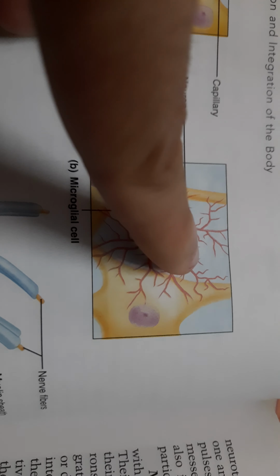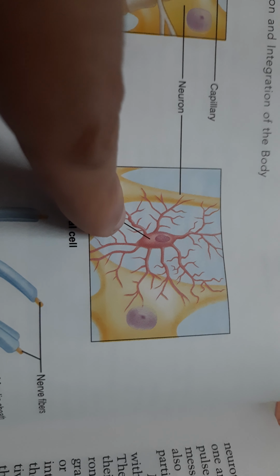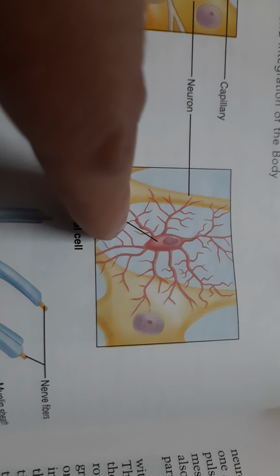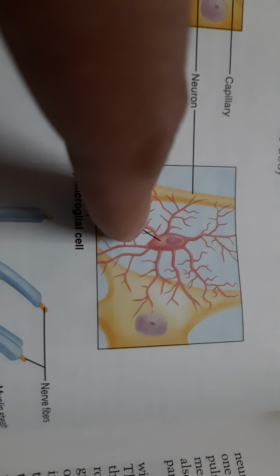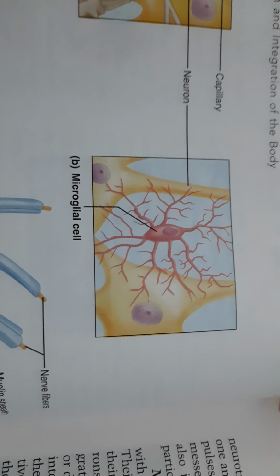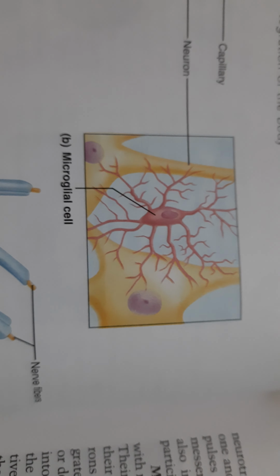So it actually is an immune cell for these, because the other regular immune cells cannot enter the nervous system, the central nervous system.